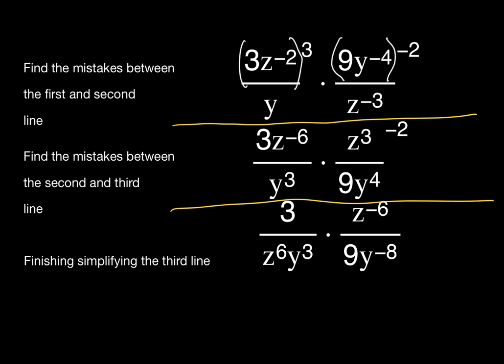There we go. So from this step to this step, there are mistakes. I want you to take a look at this and decide what mistakes were made going from here to here, because I'm telling you, those are not right simplifications.